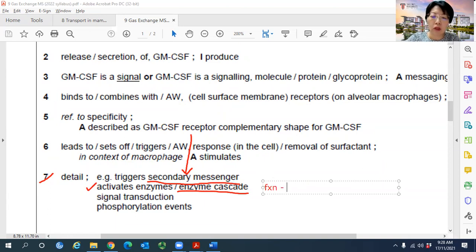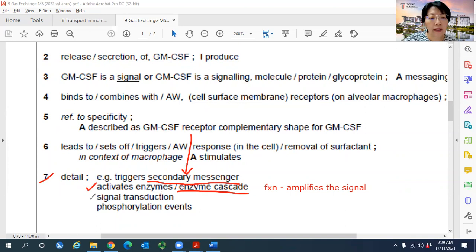This is a revision. Amplifying the signal means that from one signal molecule that arrives, after the enzyme cascade, it can lead to a high number of molecules or enzymes being synthesized. So the response will be a high number of whatever product you want the cell to produce.